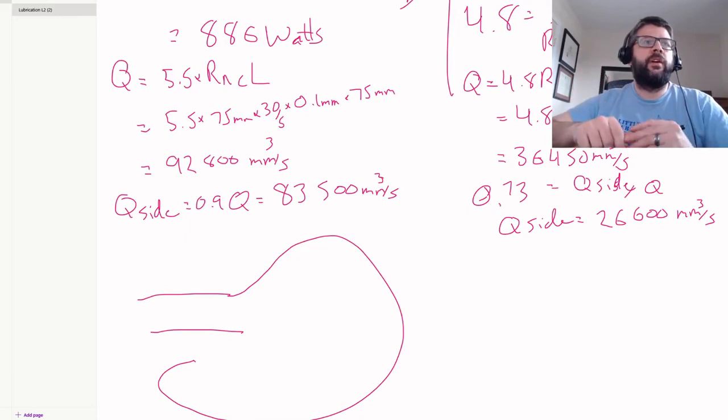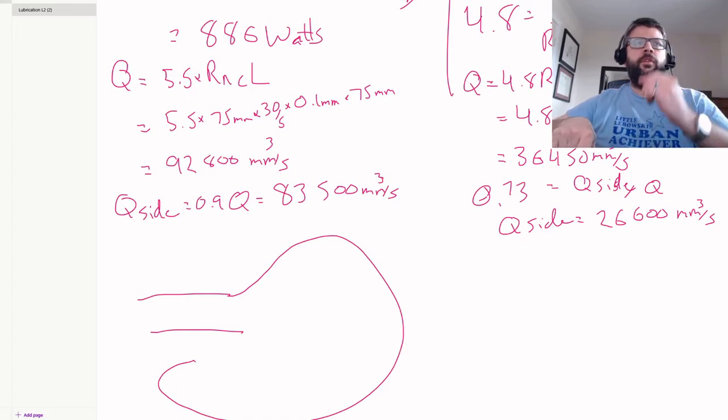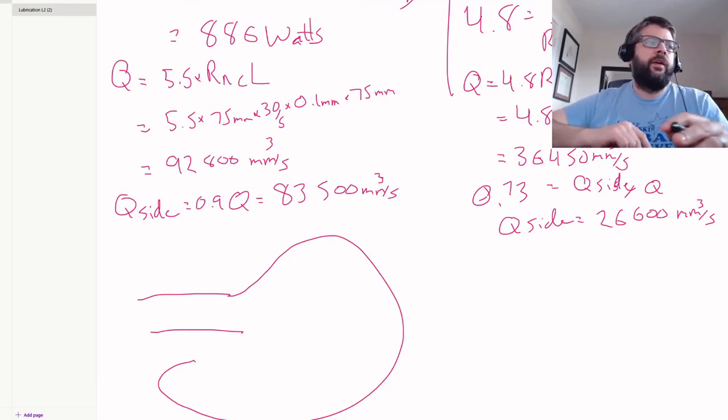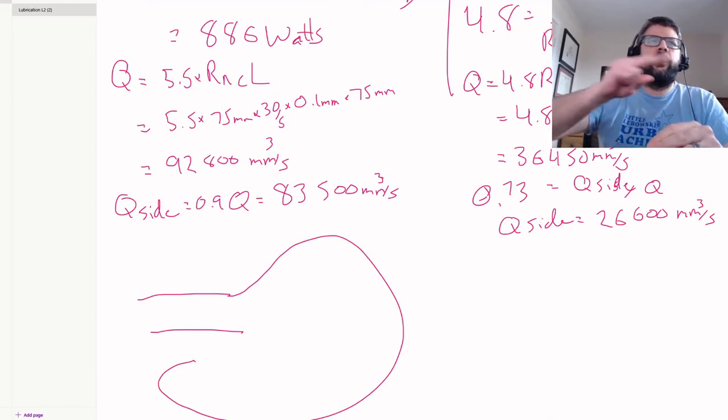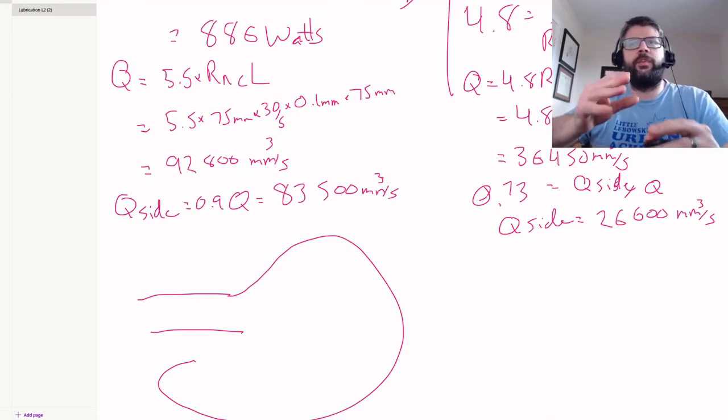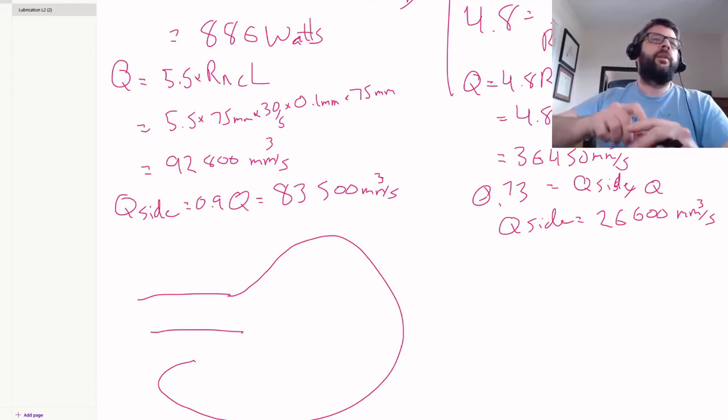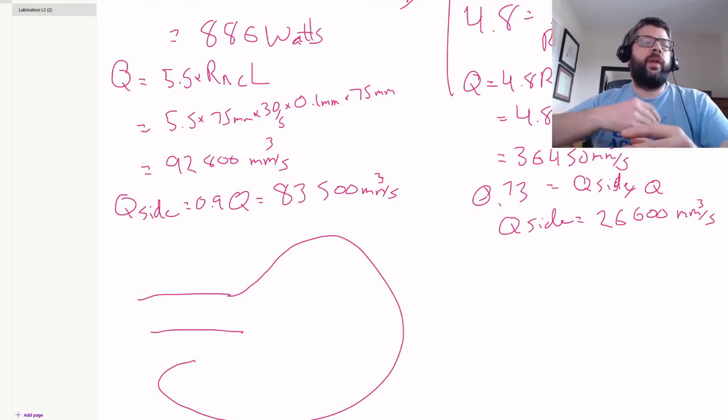So it's not going to change its temperature during that process. It's going to come out and go back in at the same temperature. So we can kind of neglect that recirculated oil, which stays at the same temperature, and it's the side oil that needs to account for all of the cooling required.